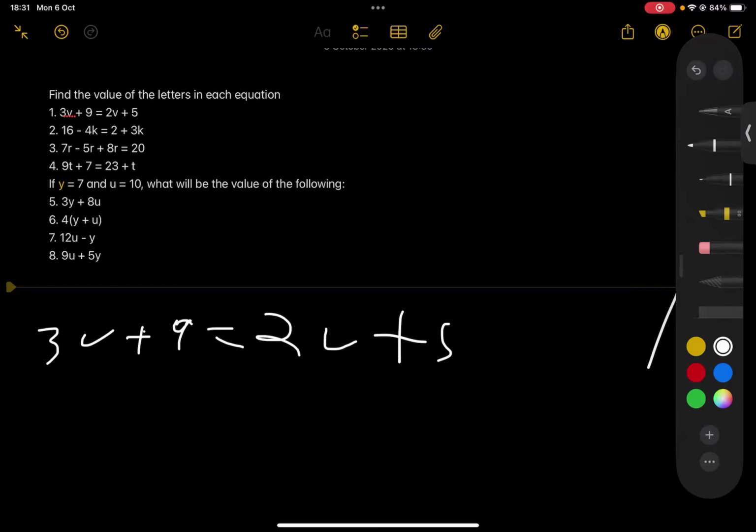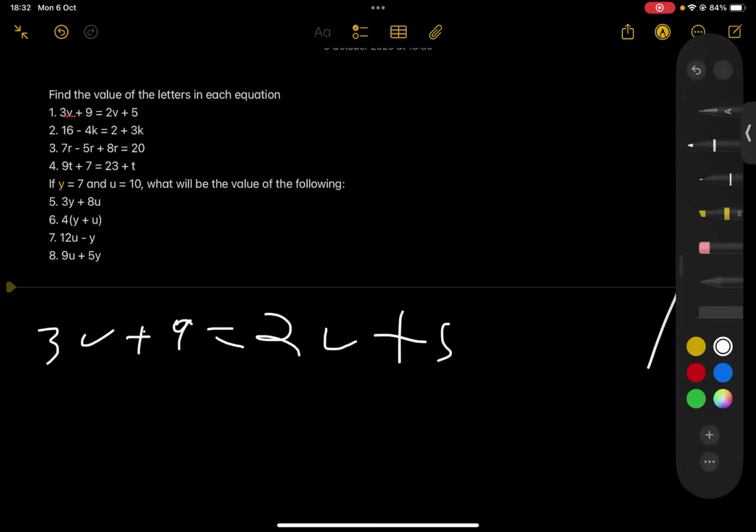Now, to get them onto one side, what we're going to do is to take note of the sign. When you have an equal sign, whatever you do to one side, you do also to the other. So what we're going to do to make sure that 2v can be on the same side with 3v is to subtract 2v from both sides.